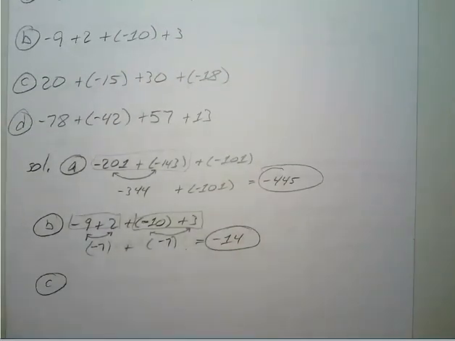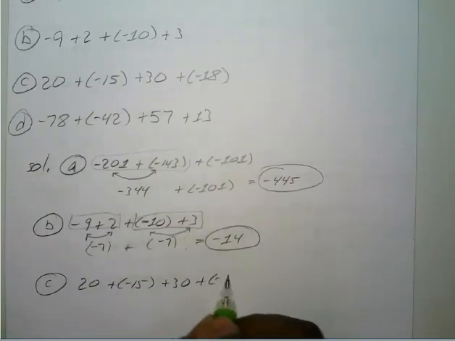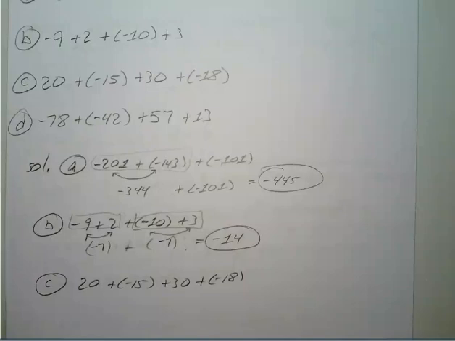So problem C, we see that we have 20 plus negative 15 plus 30 plus negative 18. Okay, so we go ahead and we add those two together. And just to keep it simple, we'll add those two together.